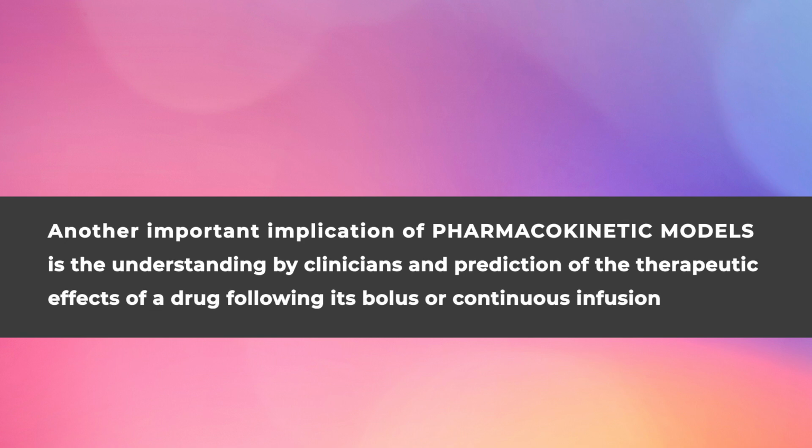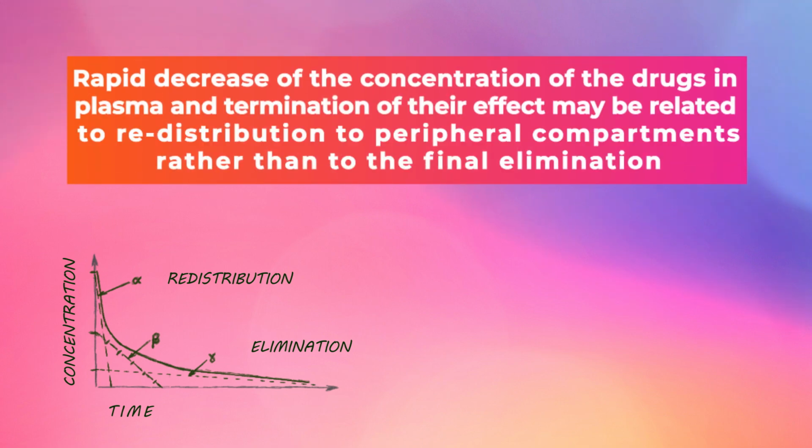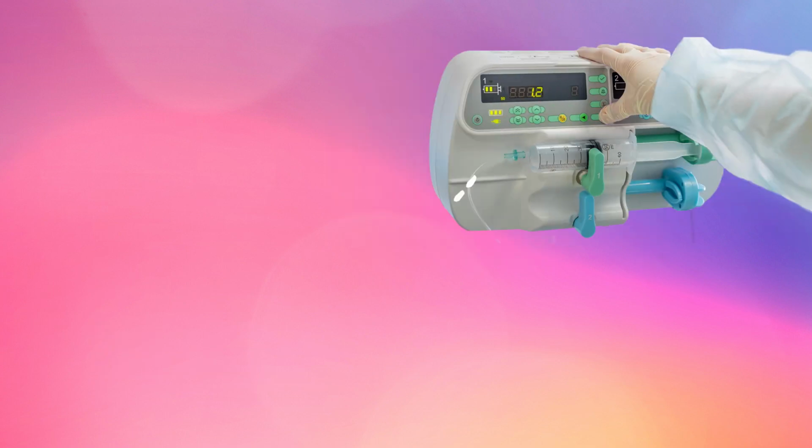Another important implication of pharmacokinetic models is the ability of a clinician to better understand and predict the therapeutic effects of a drug following its bolus or continuous infusion. The terminal elimination half-life is a value often used for comparing the duration of action of different drugs, but it often has little clinical relevance because a rapid decrease of the concentration of the drugs in plasma and termination of their effect may be related to redistribution to peripheral compartments.